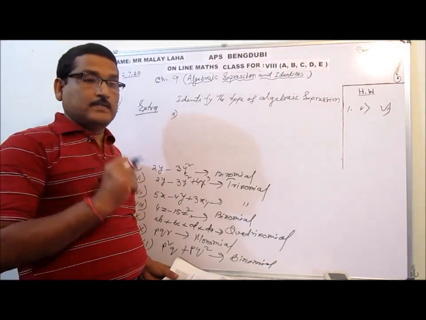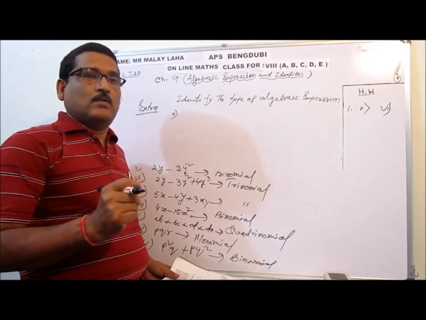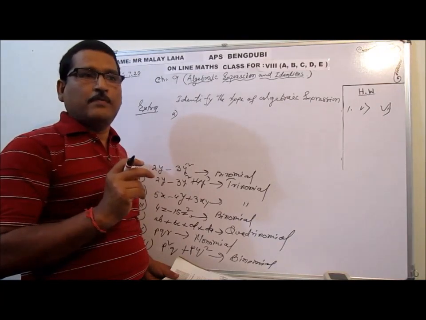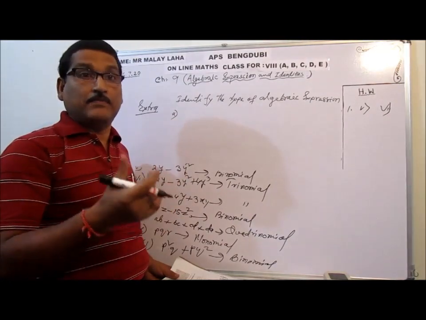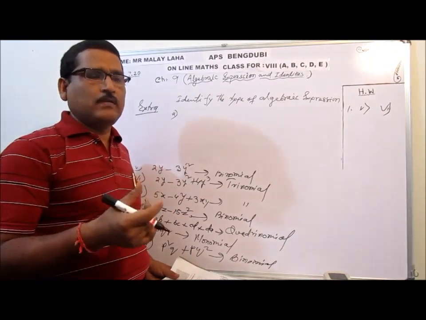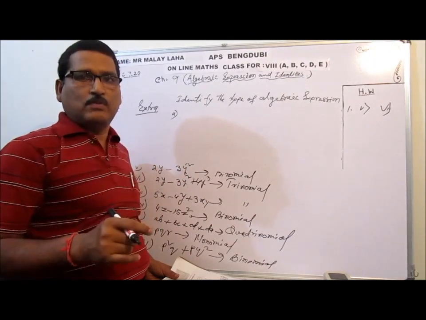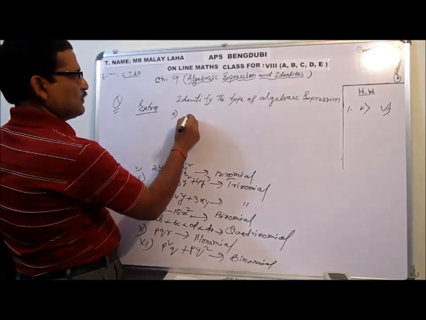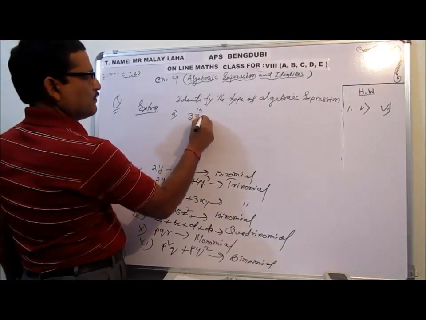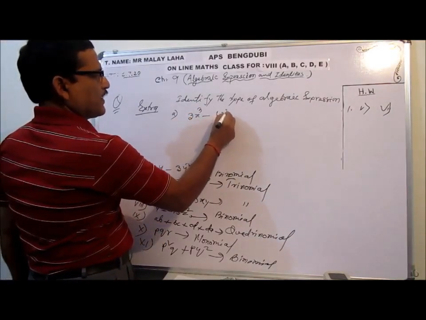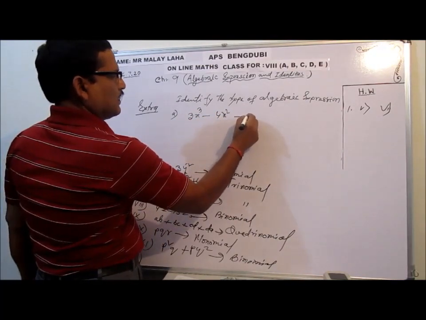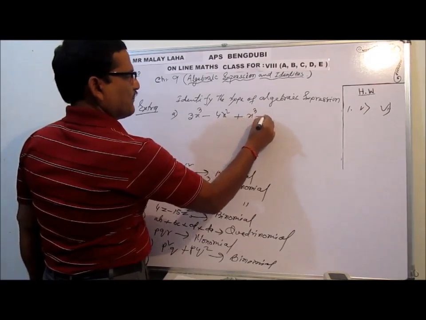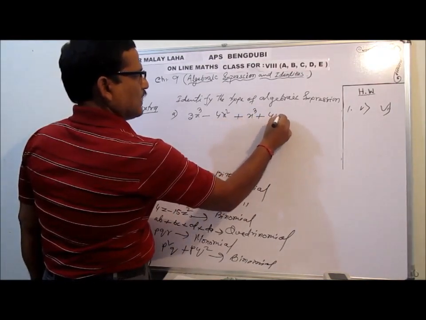While answering, you have to see whether you can minimize the expression or not, by adding one term with another if they are like. If not like, then you have to count and write down. Say this one, 3x cube minus 4x square plus x cube plus 4y.